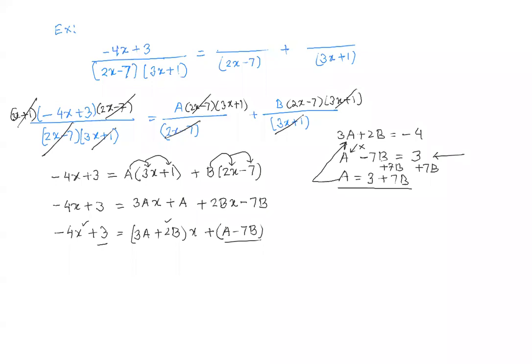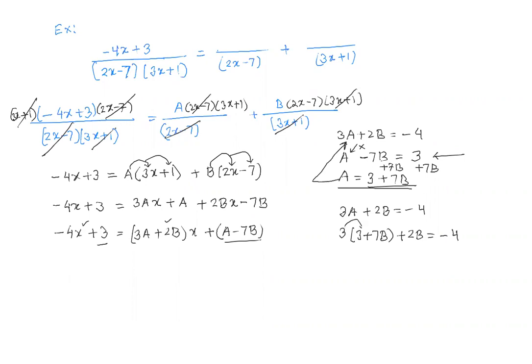So it's going to be 3a plus 2b is equal to negative 4, right? 3 times a, but instead of a, I'm going to put 3 plus 7b. The method I'm using is called the substitution method. You have seen it before. Plus 2b is equal to negative 4.